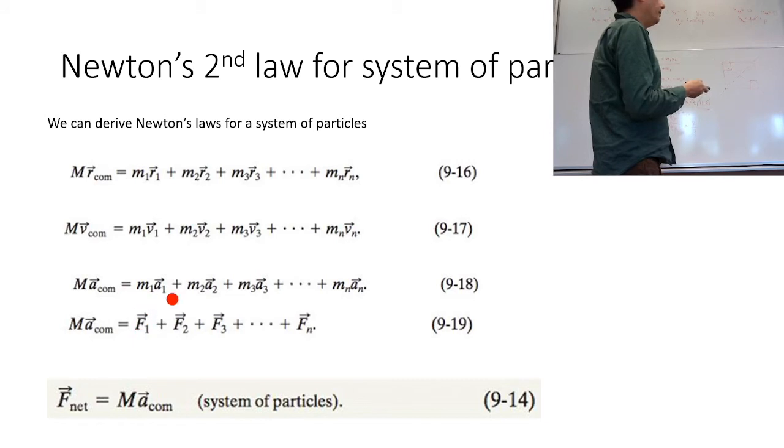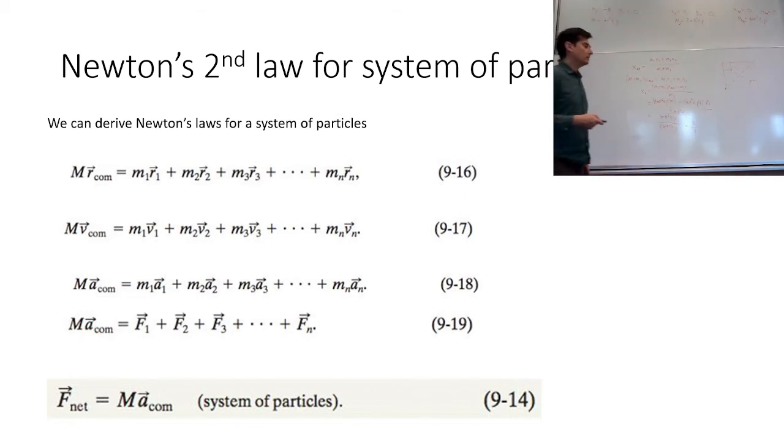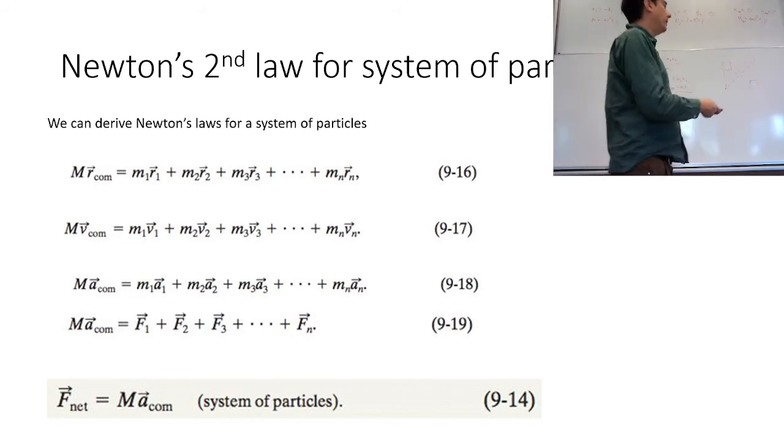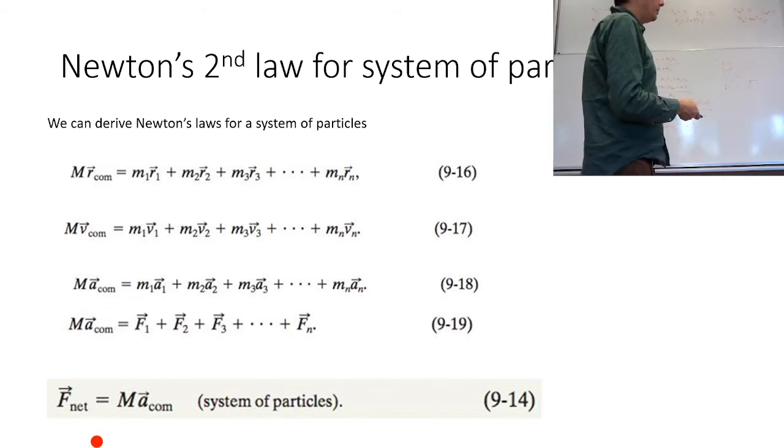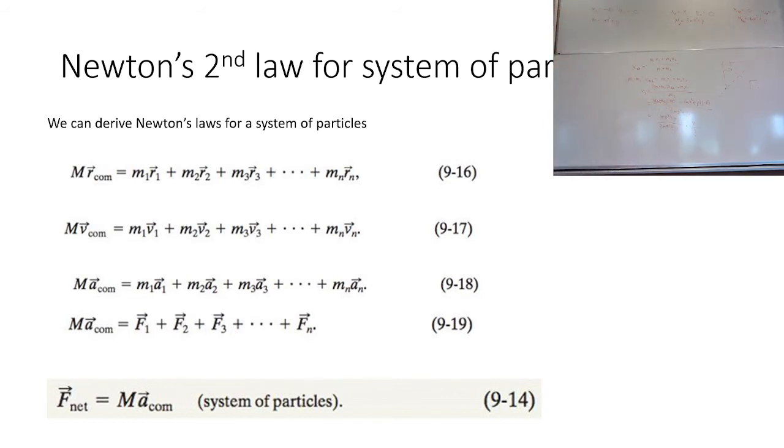And then what we can basically say is that this is the total force on the whole system, and that is equal to the total mass and the center of mass acceleration. So basically we kind of have another F equals ma, but this is the total force on the system, and this is the total mass of the system. This is the total center of mass acceleration.